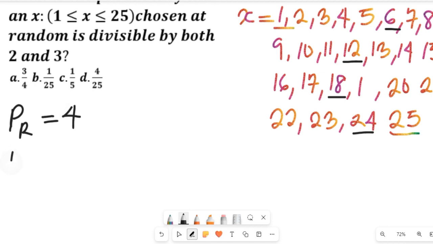So the required outcome is equal to 4. Now, what is the total outcome? The total outcome is, we'll count all these whole numbers. If we count them, they will be equal to 25.